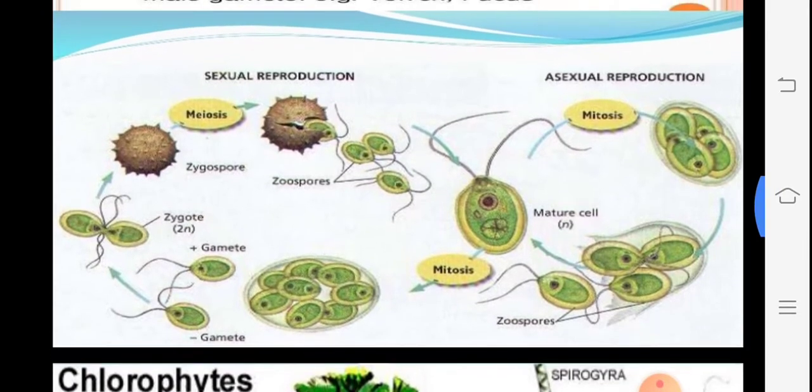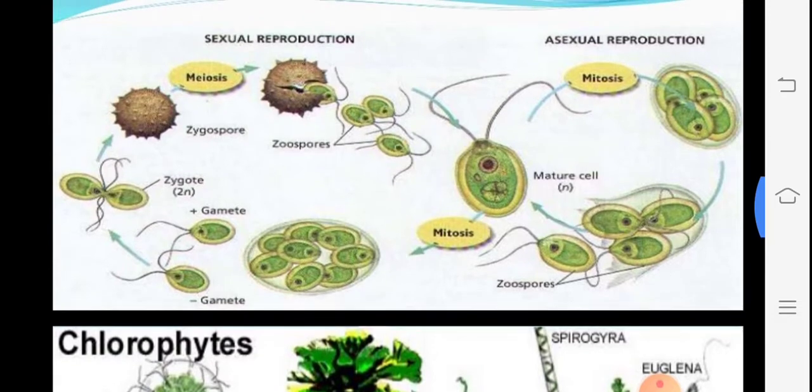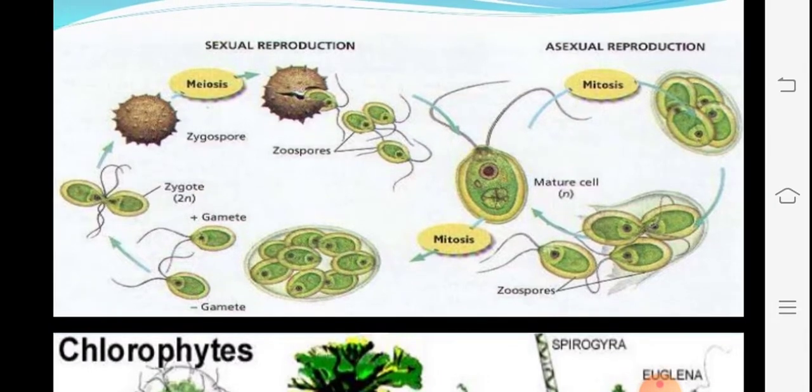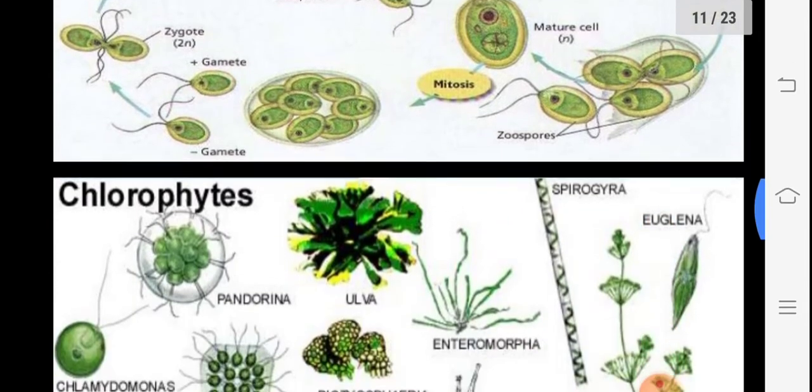It is a good example for Chlamydomonas, flagellated. Secondly, in asexual reproduction, the mature cell undergoes direct mitotic division and develops zoospores directly, and these zoospores directly give the mature cell, so there is no fusion.